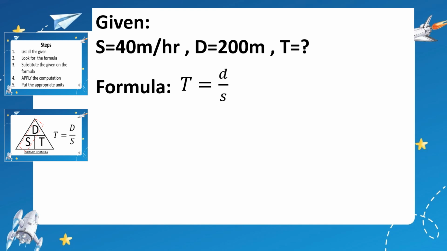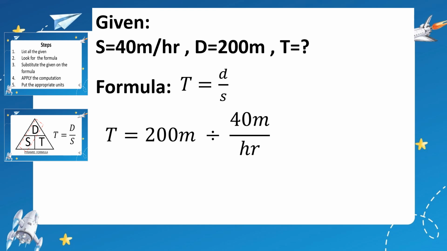We substitute the distance and the speed. The distance is 200 meters, and we divide it by the speed, which is 40 meters per hour.